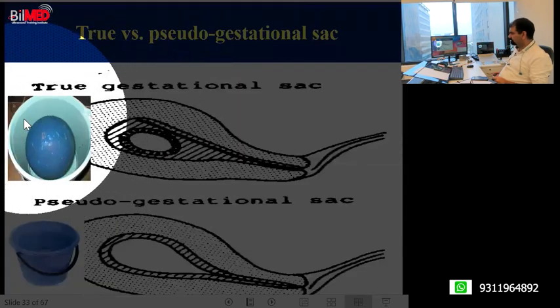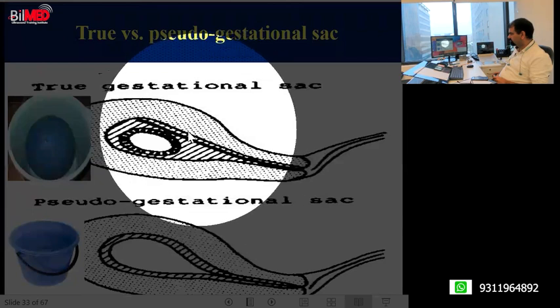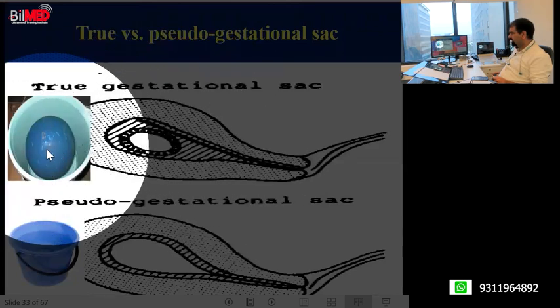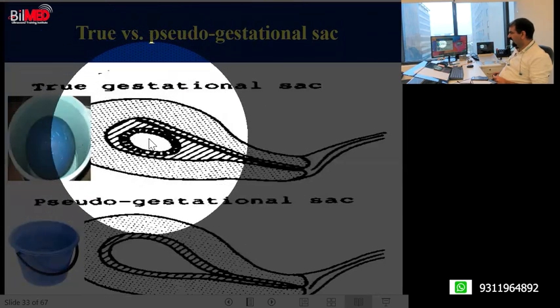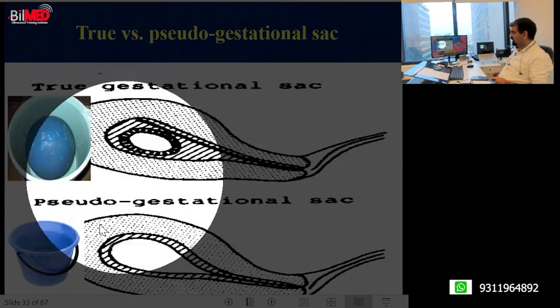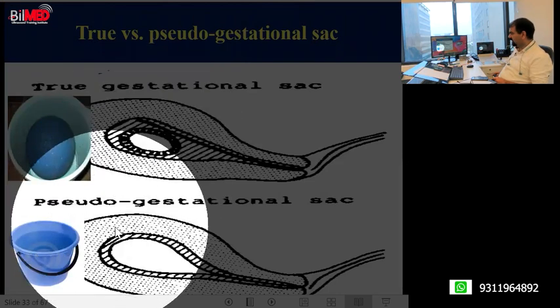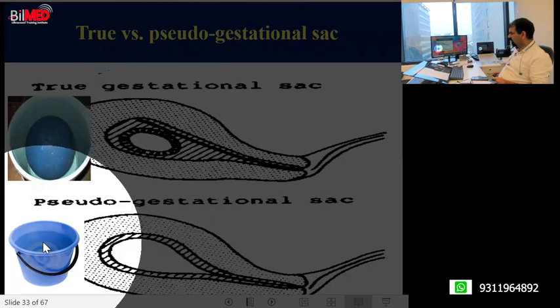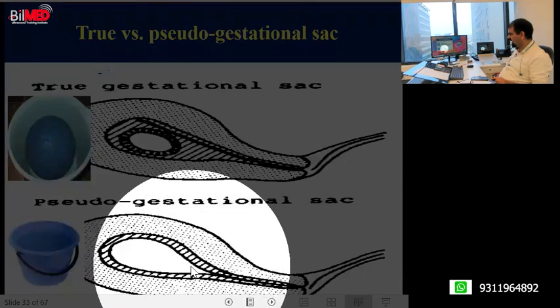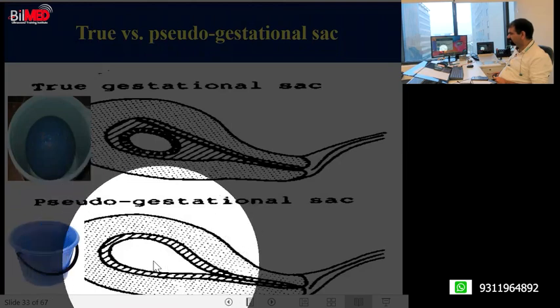This bucket is the uterus, and this water ball is the gestational sac, I mean the true intrauterine gestational sac. Here, the bucket again is the uterus, and this water in this bucket is the pseudogestational sac in the uterine cavity.